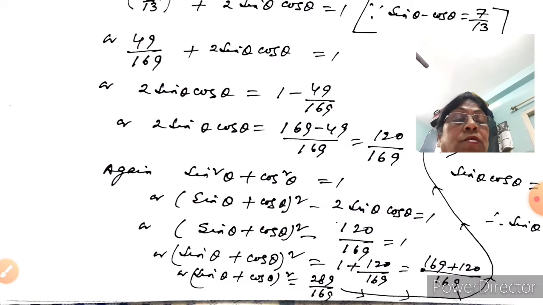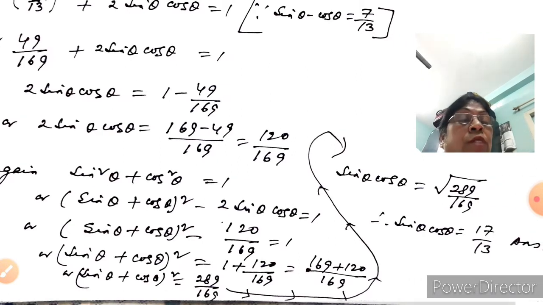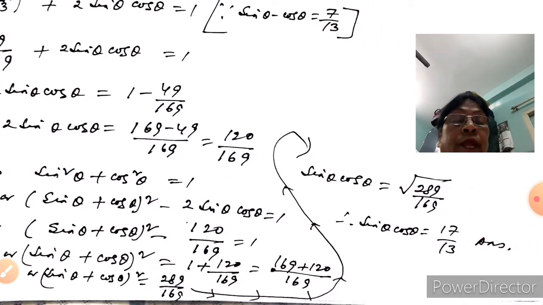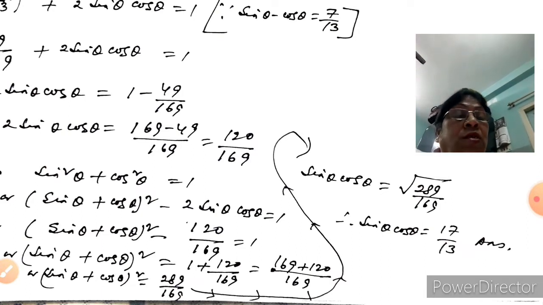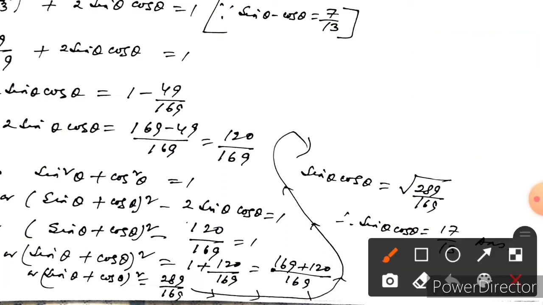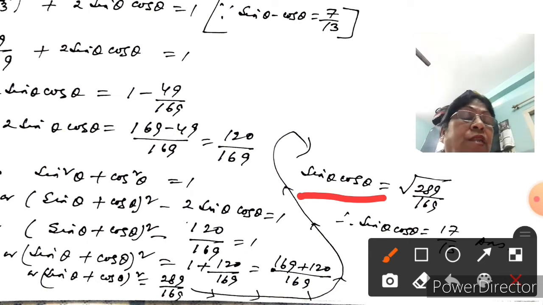Again sin theta plus cos theta square minus twice sin theta cos theta is equal to 1. In this way, solving this we got sin theta plus cos theta whole square is equal to 289 by 169.